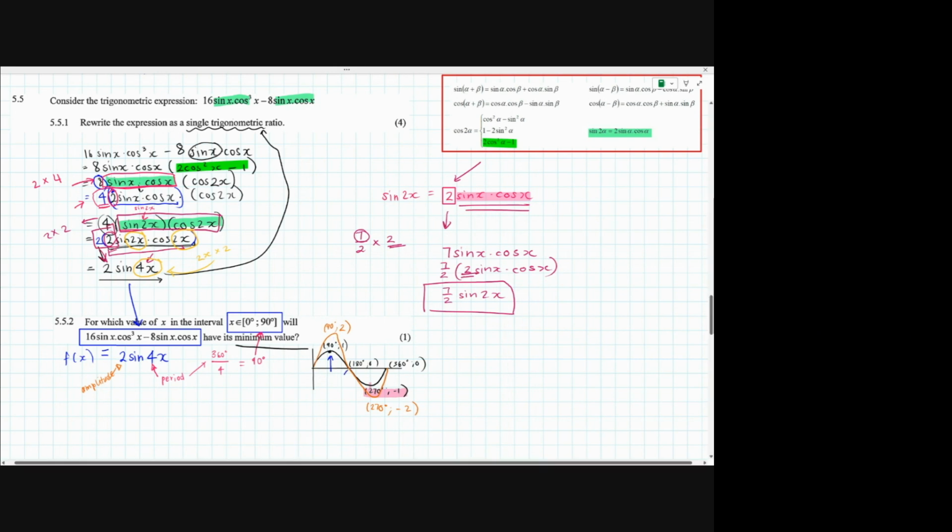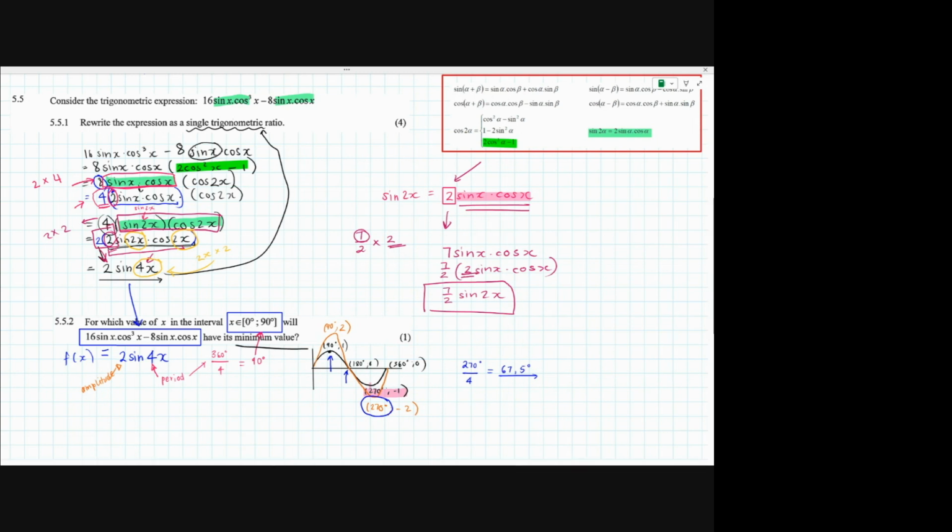Instead of my x-intercept being at 180, it needs to happen 4 times earlier at 45 degrees. Instead of this minimum being at 270, it happens 4 times earlier. And if you don't know how to do that, just divide this by 4. 270 divided by 4 is 67.5 degrees. And that is the x value where we will have the minimum for this graph.